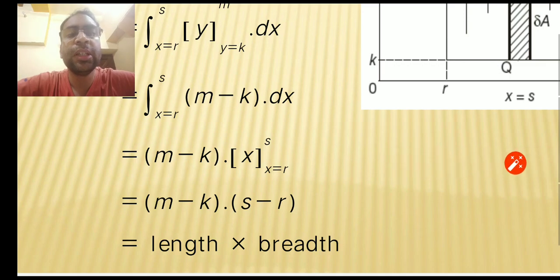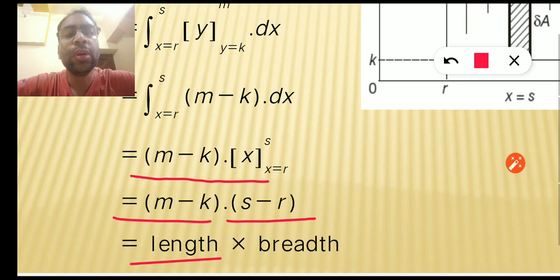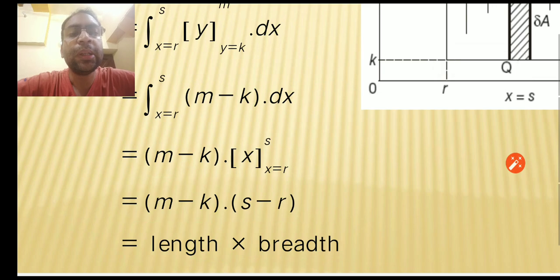So the integral of this will be m minus k into x, where the boundary values on x will be applied from r to s. So this will be m minus k dot s minus r, which is length into breadth. So we can see in the equation, m minus k is the length and s minus r is the breadth.